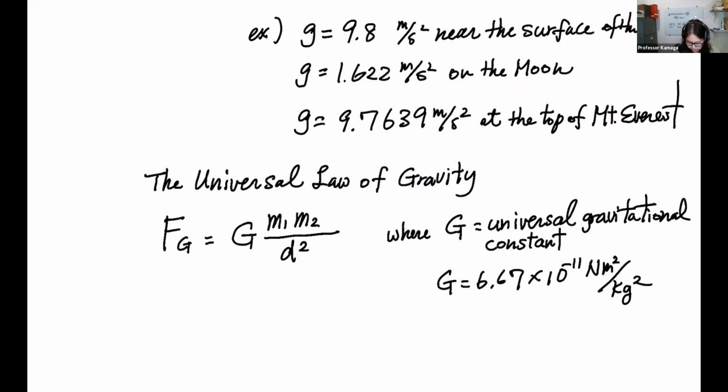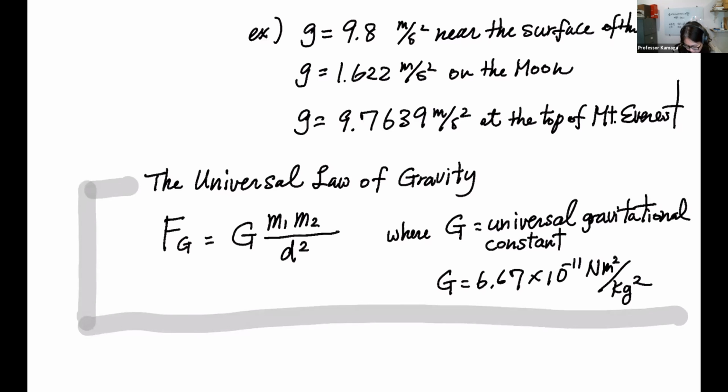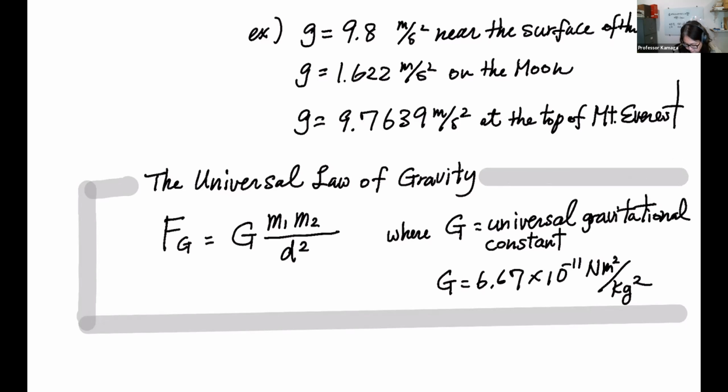Let me put this together. Here is the universal law of gravity that you can apply to any objects that have mass. Every time you have a mass m1, by Newton's what law? Newton's third law of motion says that every time you have two objects, a force applied on one is the same force but in the opposite direction applied on the other.